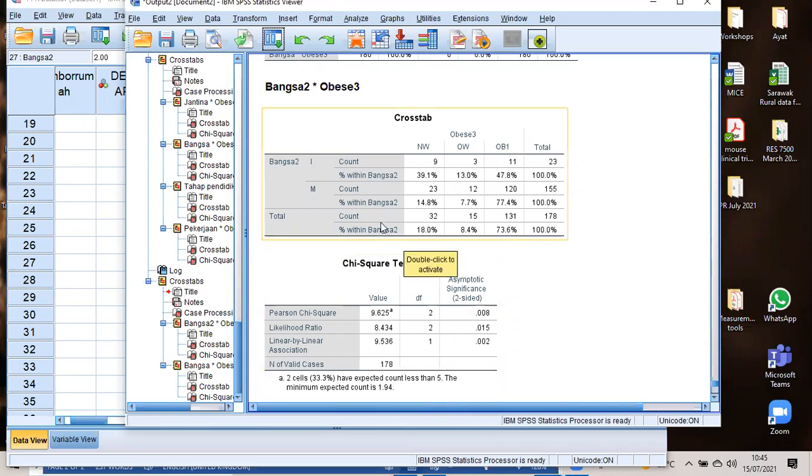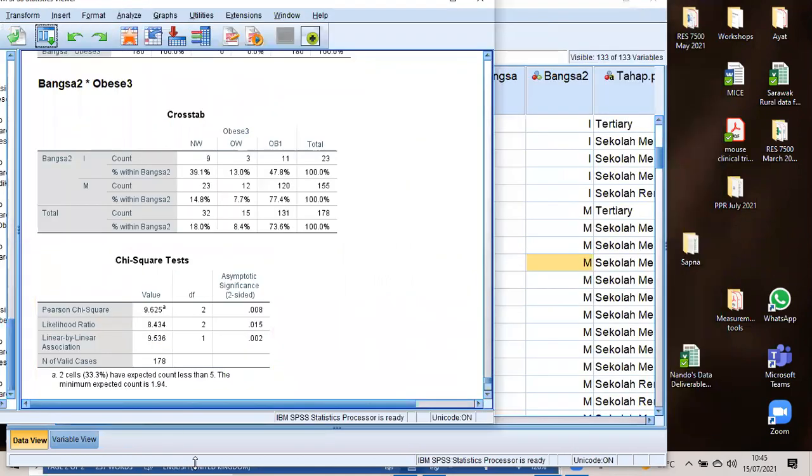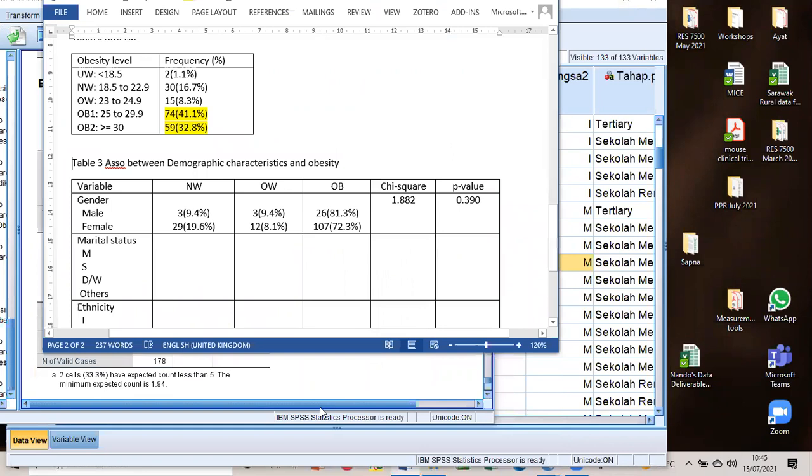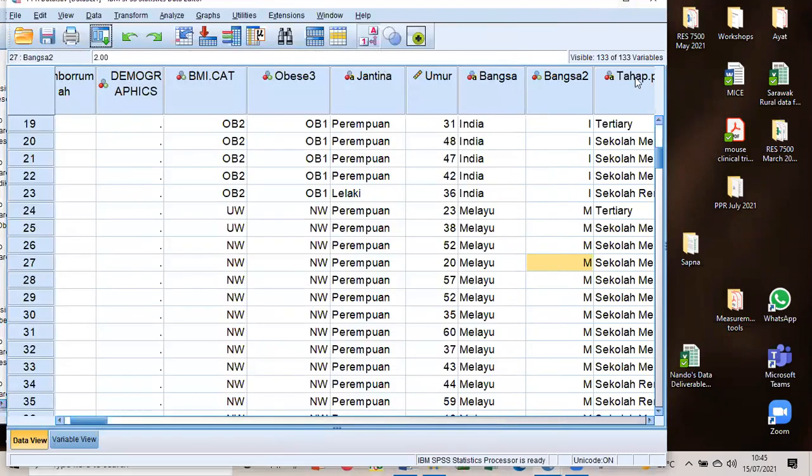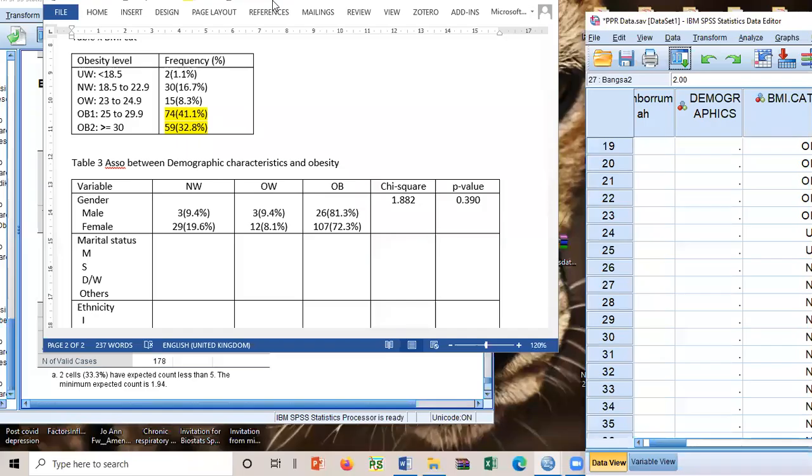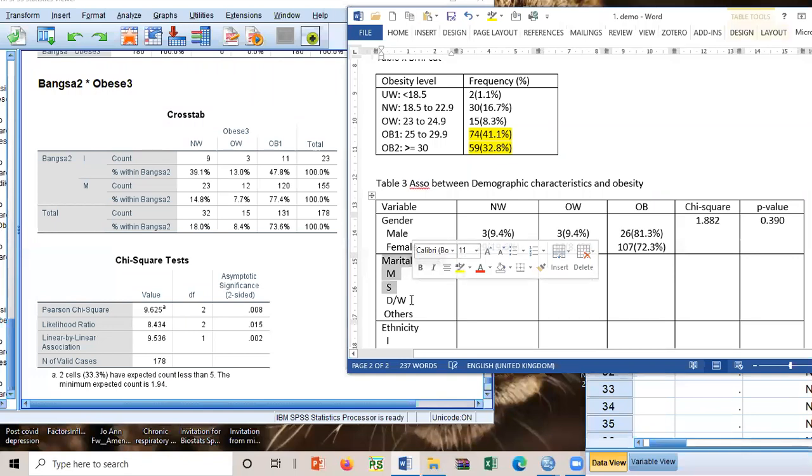How do you explain this now? That means there is an association between ethnicity and obesity. How do you explain this association? What's the objective here?